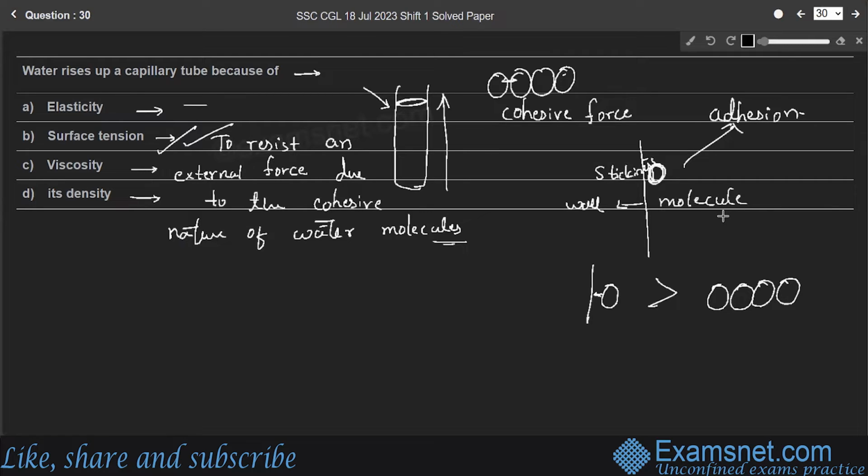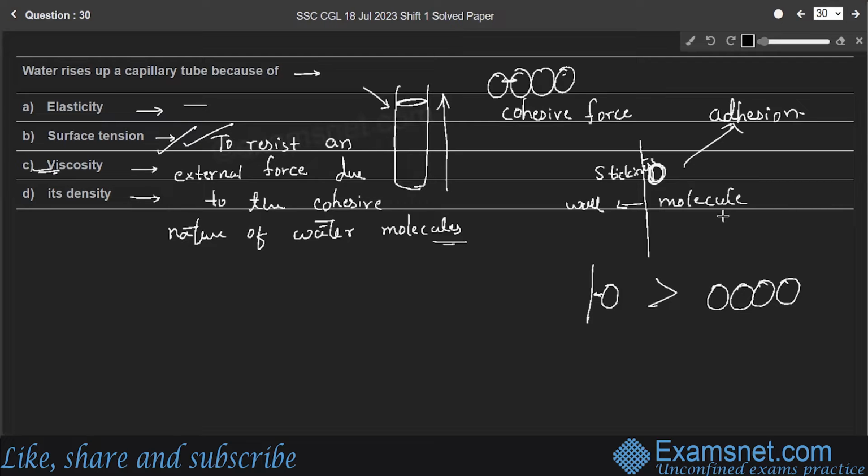Whereas for the remaining terms, elasticity is a property of solid materials to return to their original shape. Viscosity, option C, at a molecular level is a result of the interaction between the different molecules in a fluid.